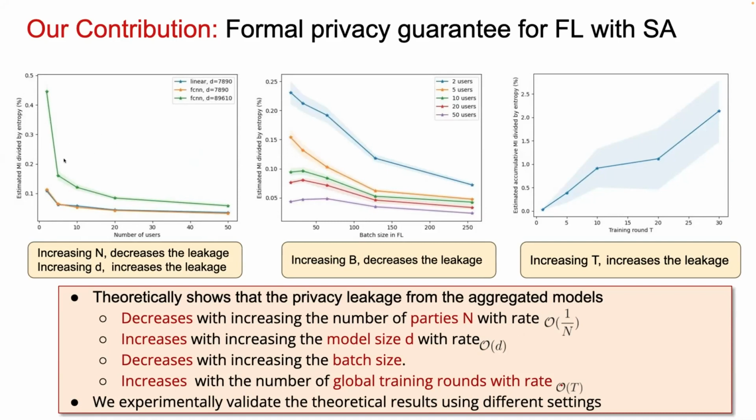What you can see is that for all the models, we have 1 over the number of users leakage. And the good news is that as you have about 10, 20 users, the leakage is already becoming very small. So you can think about for your setting, how much leakage you can tolerate, and then try to pick the batch sizes and the number of users to match the leakage you want.